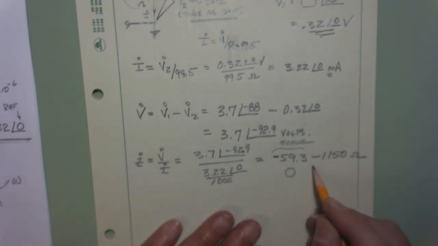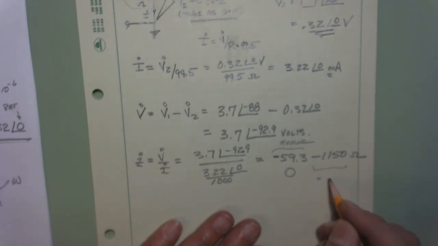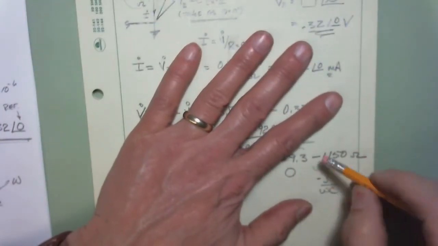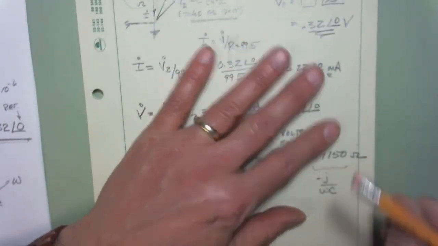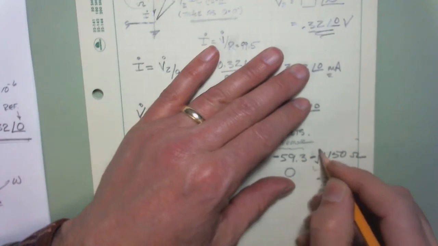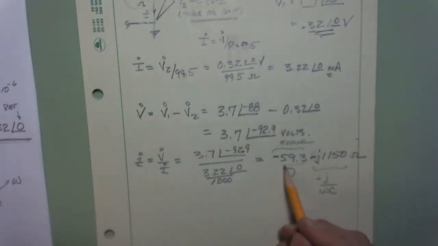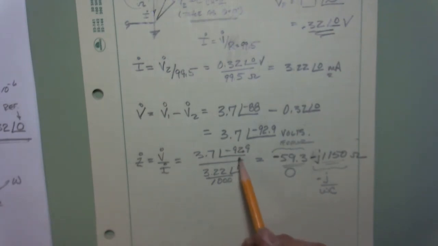Let's look at what this is. Remember, this is supposed to be minus j over omega C. I should have probably been a little more careful here and put minus j in there, right? You have the real portion and the complex portion because I switched from polar forms to rectangular forms.